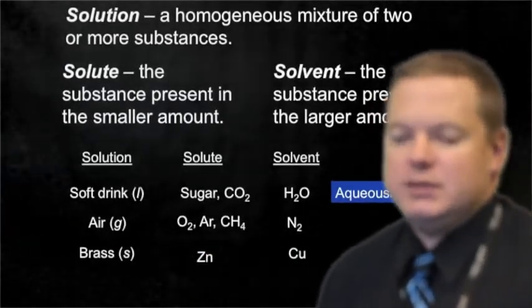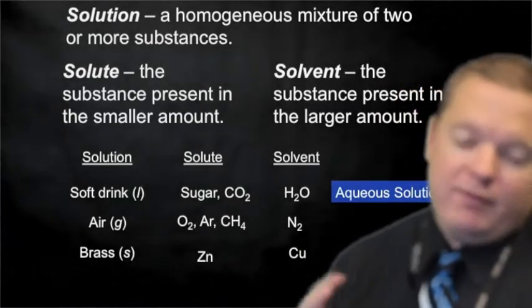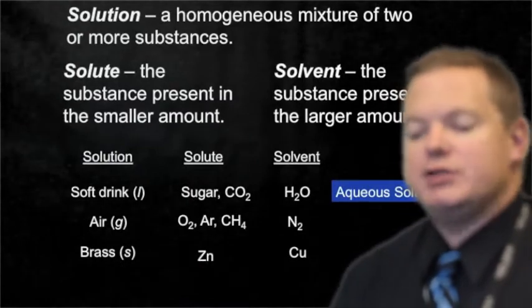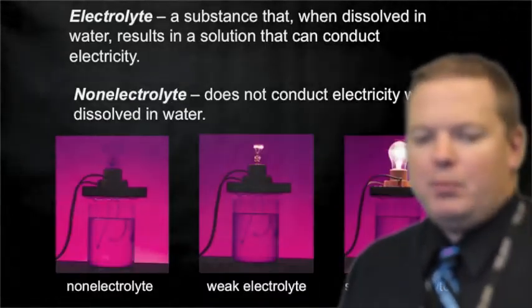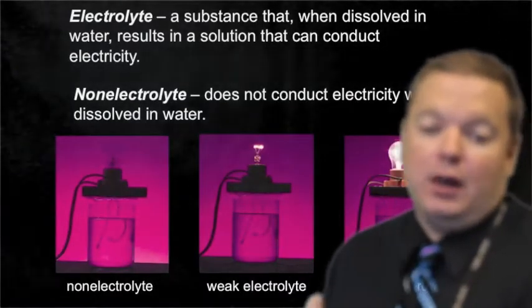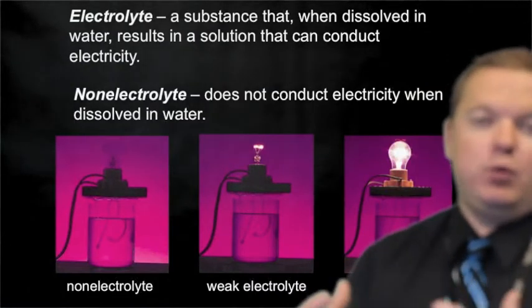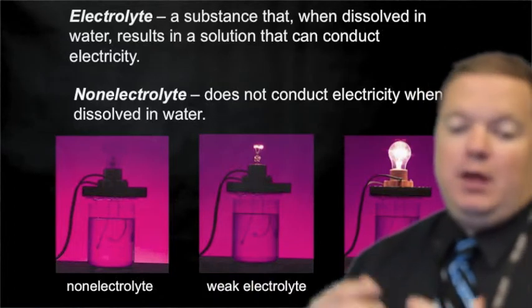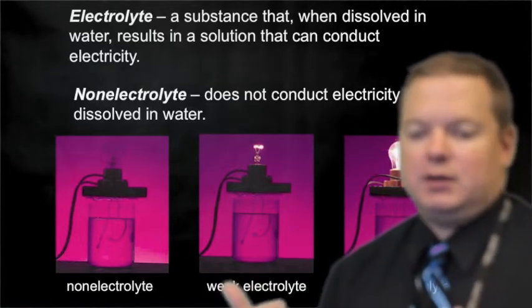When we talk about these solutions, one of three things can happen, and it'll help us distinguish the types of reactions that are possible later. We can create an electrolyte, a substance that dissolves in water to allow electricity to be conducted, or a non-electrolyte, which when dissolved in water doesn't conduct electricity.